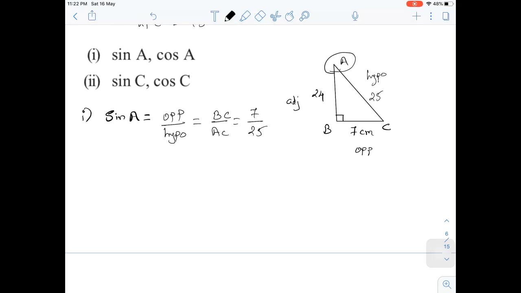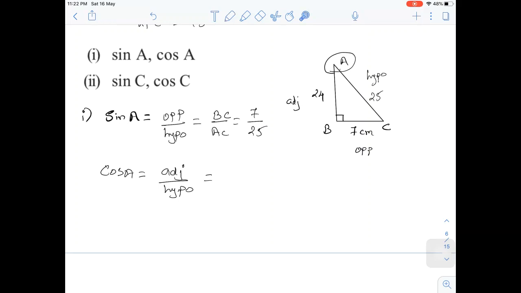Second one we need to find is cos A. Now again we have to find ratios for the same angle, that is A. So no need to change this one. For angle A, this is the opposite side and AB is its adjacent side. Okay. So now we know that cos of any angle is equal to adjacent side upon hypotenuse.